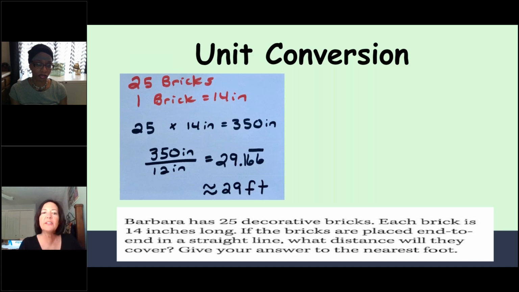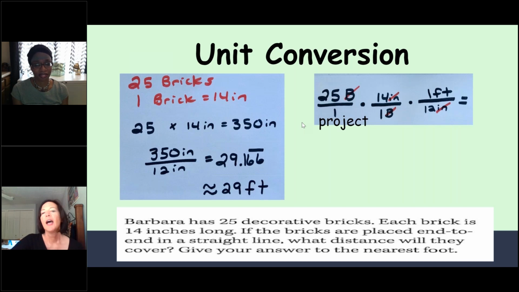So many students tell me that means 29 feet and 16 or 17 inches. Other students say, I know that's not right, and they'll say that's like 29 feet and about 2 inches, but that is not correct. I was glad to see that they didn't have us do that conversion to inches. I'm not even going to show that because for this problem, we didn't need it. I'm just going to say the correct answer would be approximately 29 feet. They wanted it to the nearest foot, and that's what it would be.